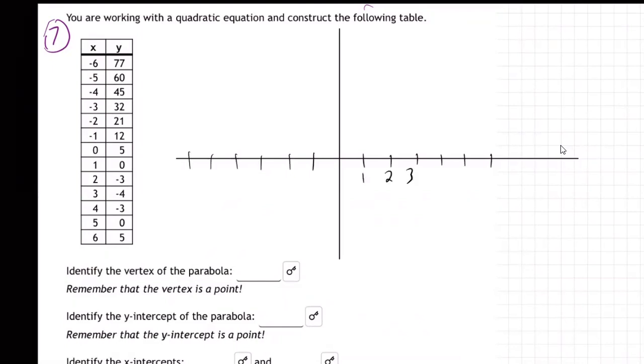That's about as far as they went. The y values, I have to go by 5s, I guess. Well, I don't need to go all the way up there. Now I'm just going to go by 1s. 1, 2, 3, 4, 5, 6.